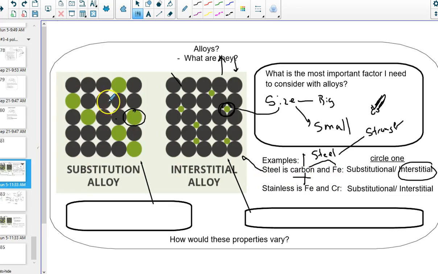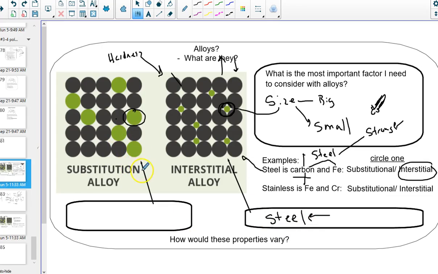In a substitutional alloy, we would not expect to have any changes in its hardness. Hardness would be something that would go with the interstitial. So if they're going to have a question, steel is a looming thing as far as if they want to ask this. What's the difference here?